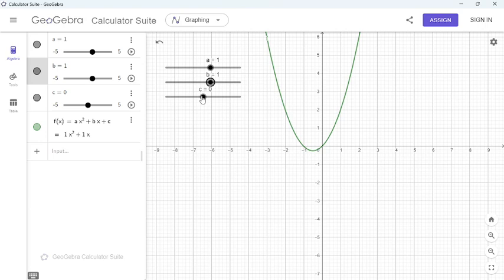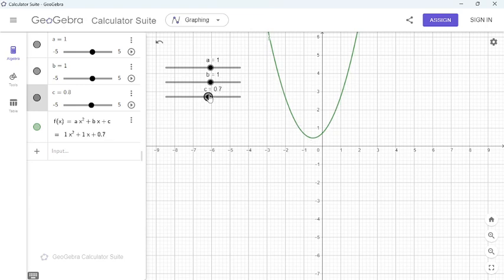Now let's shift the y value, because you can see that the y-intercept here is 0. Now let's shift it. You'll see it also shifts what? The turning point. So if it goes to 1, can you see the turning point is also shifting? So the turning point for the y value is also shifting in that case.